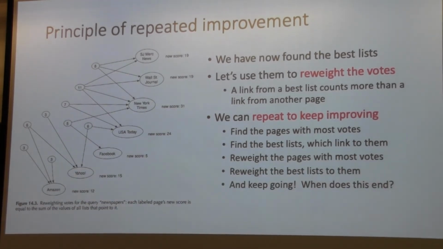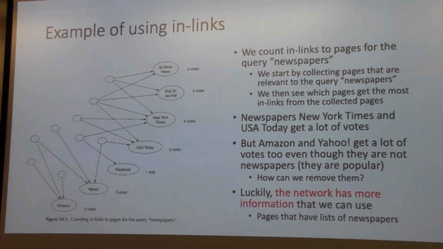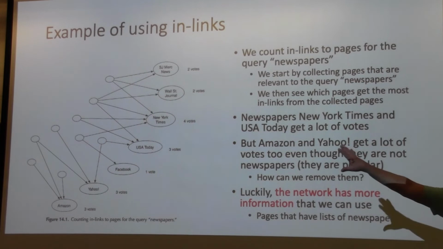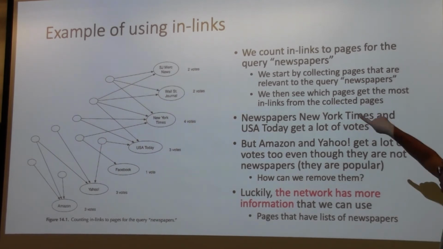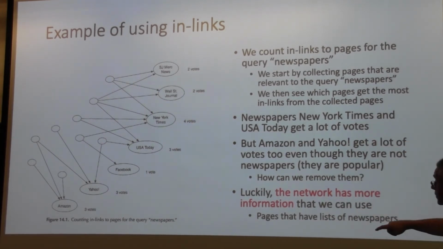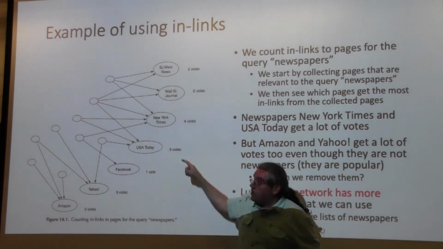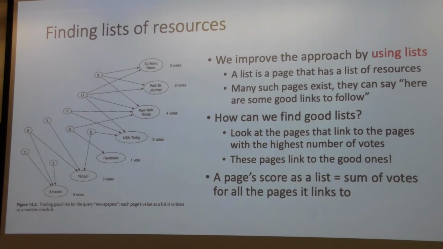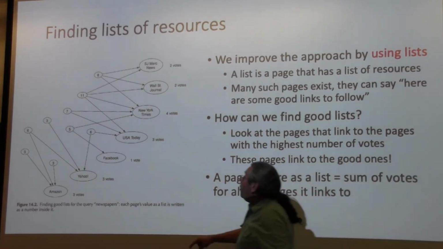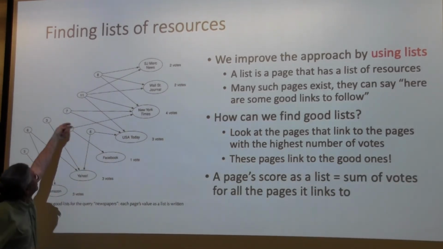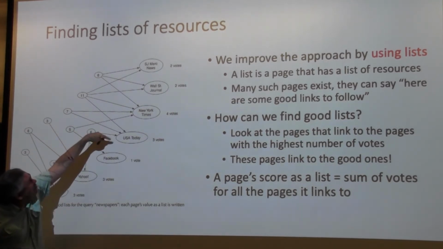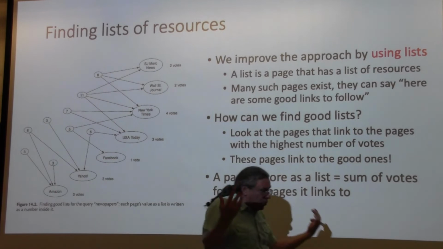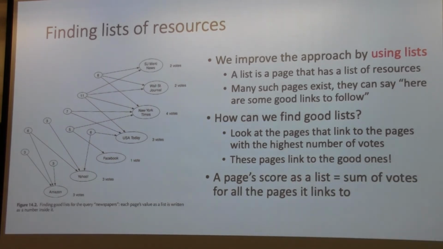We want to somehow focus on the good ones. So it starts here. All the pages that are talking about newspapers, we see who they're pointing to. That gives us a number. And then we go the next step. The next step is the ones that are pointing; we add up the votes of where they're pointing to. So you see, somehow the good ones are going to start emerging from this.